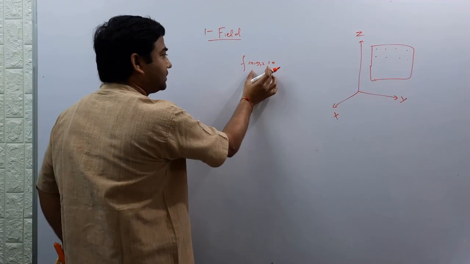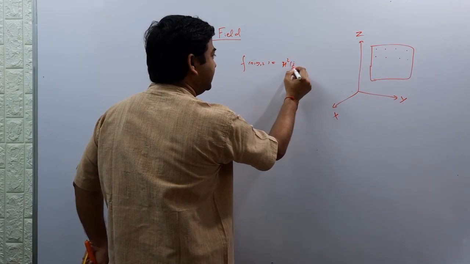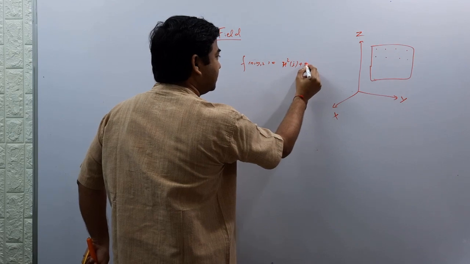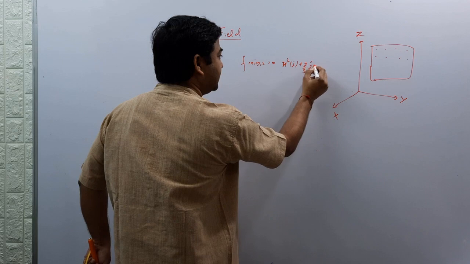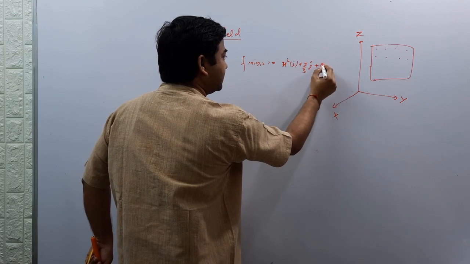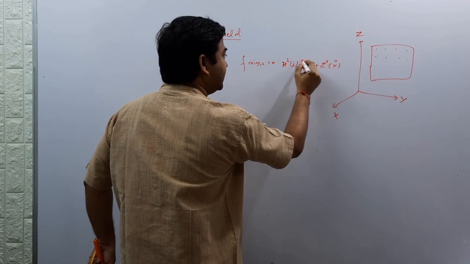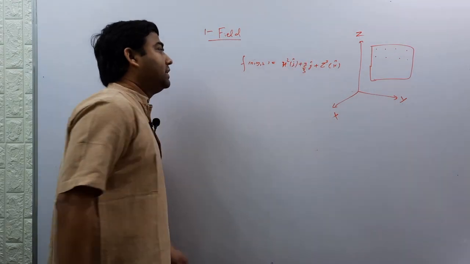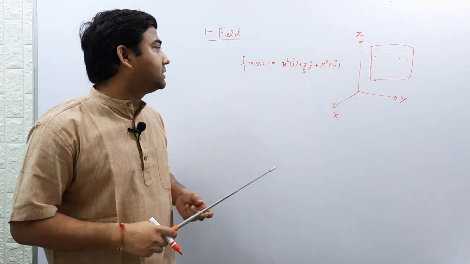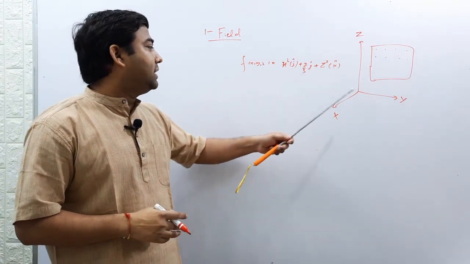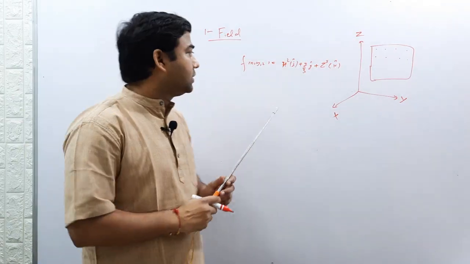For example, f(x, y, z) is x square i plus y by 3 j plus z cube k, where i, j, k, as we have discussed in the vector chapter, are unit vectors in x, y and z directions.